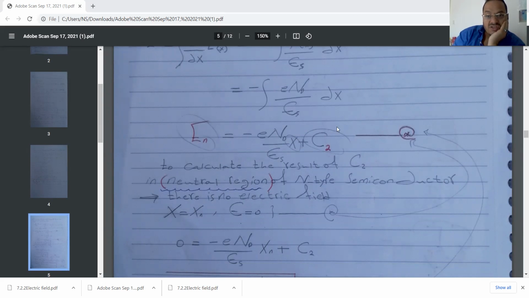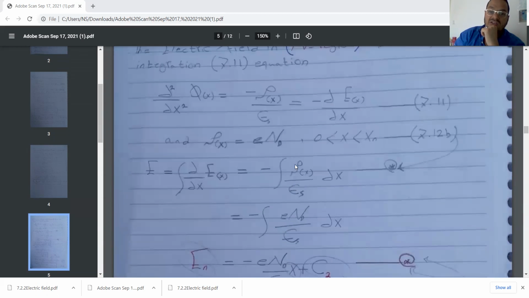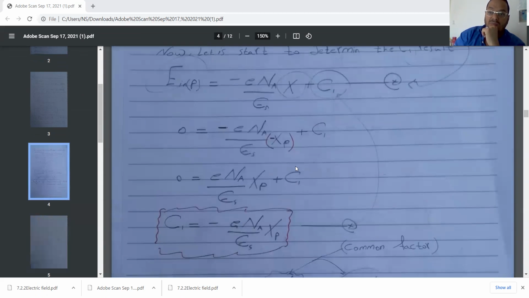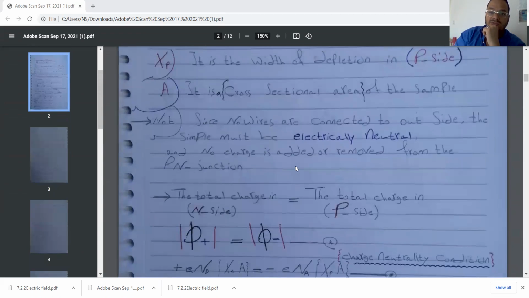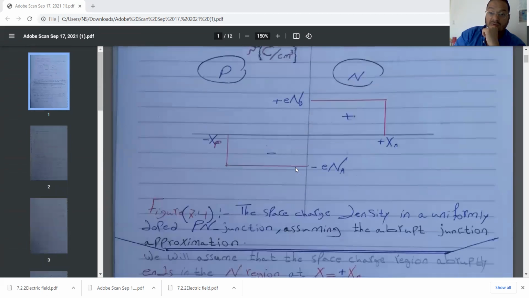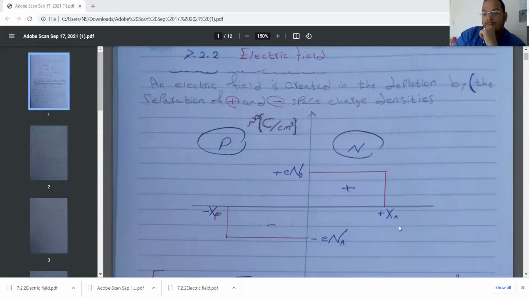To calculate C2 we use the neutral region. What does neutral region mean? That means the electric field will equal 0 at x equal to xn, like in diagram number 7.4. Where is the diagram? x equals plus xn at the n side.